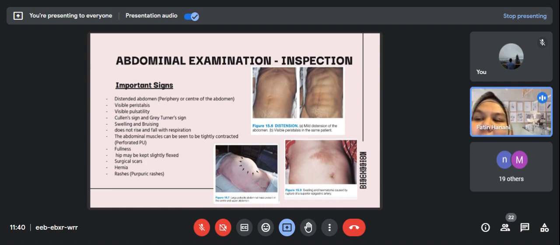I'll be explaining later after this. And then any swelling or bruising. If the abdomen does not rise or fall with respiration, it may indicate peritonitis. And if the abdominal muscle can be seen to be tightly contracted, it may indicate perforated peptic ulcer. Search for any surgical scar or hernia.